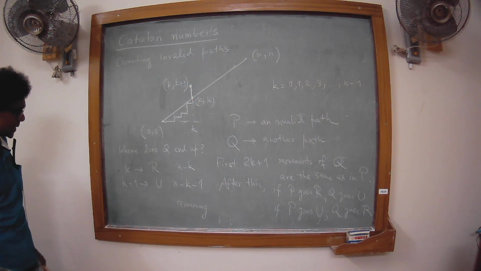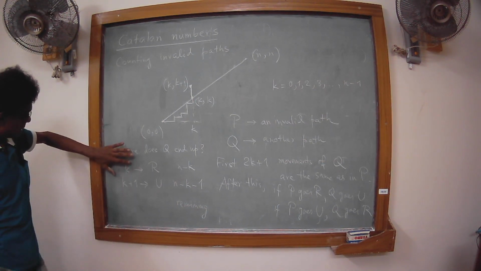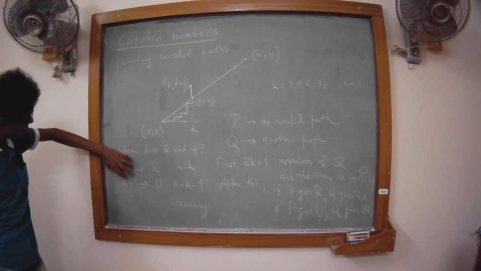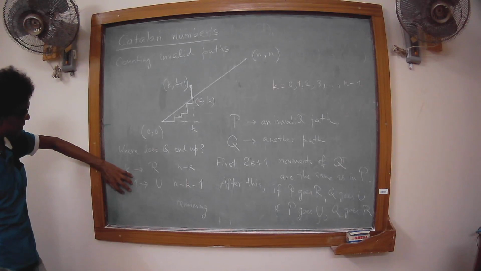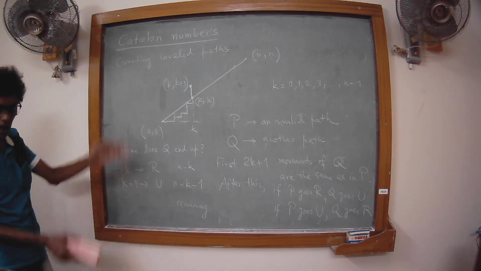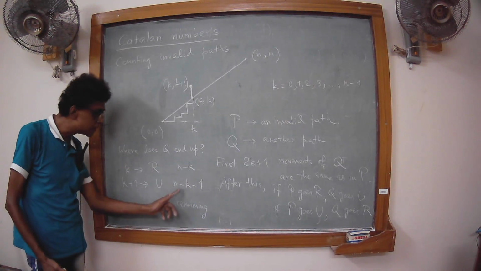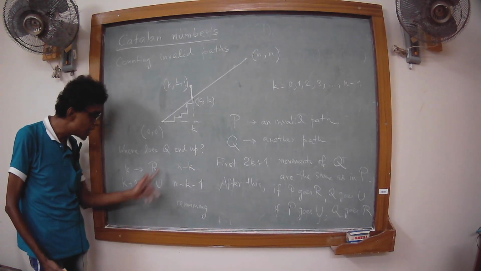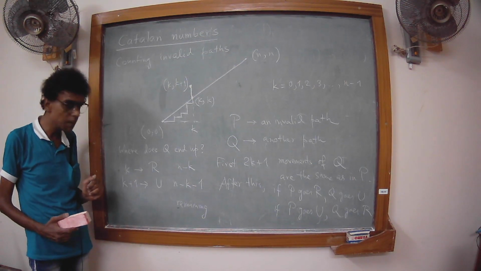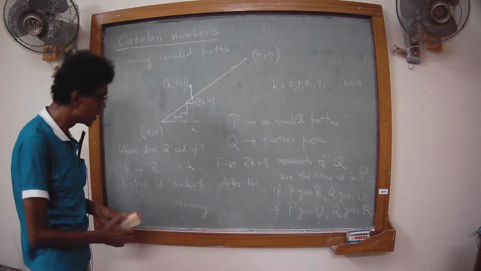Okay. Now what Q does, it initially makes exactly k right movements and k plus 1 up movements like P. After that, it swaps R and U. So that means Q after this makes these many right movements and these many up movements. Right? Because R and U are swapped. Correct?